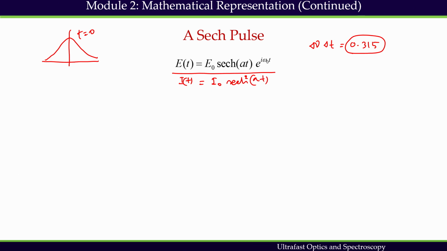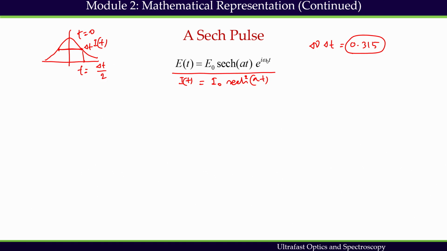From the pulse width definition, we get half of the maximum when t equals delta t by 2, because this is delta t.